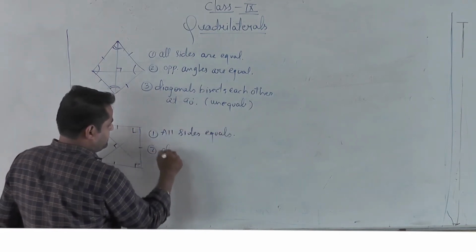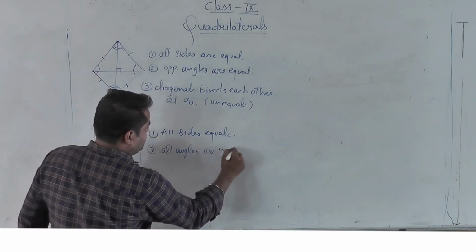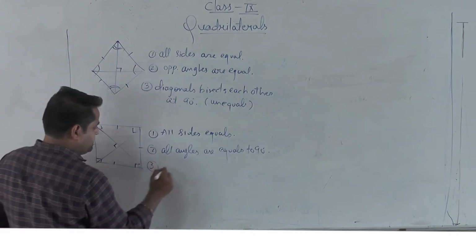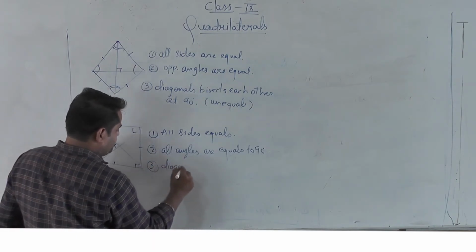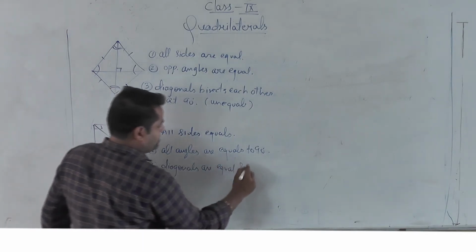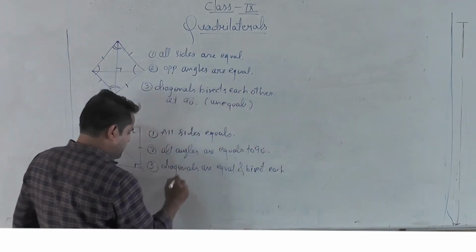Second, all angles equal, equal to 90 degrees. Third thing is diagonals are equal and bisect each other at 90 degrees.